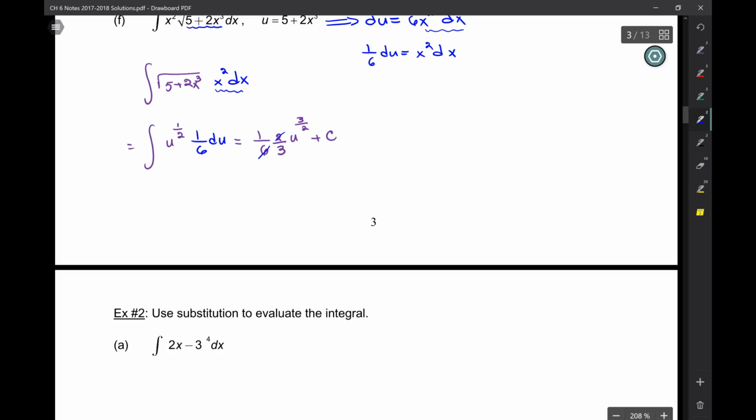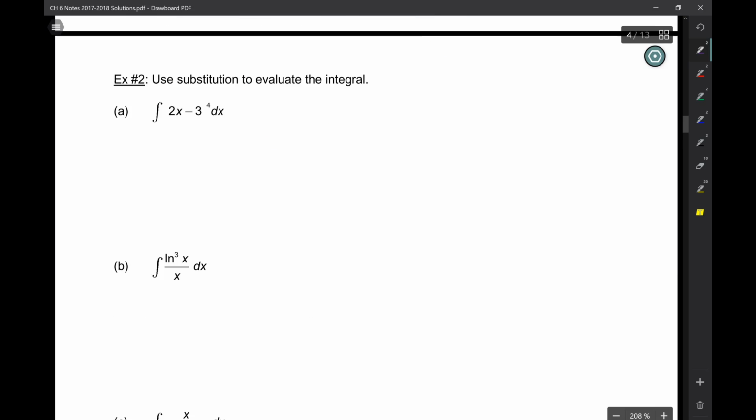So is it 1/9 u? Right, so this is going to be 1 over 9. And what was u? It was 5 plus 2x cubed, to the power of 3 over 2 plus c.